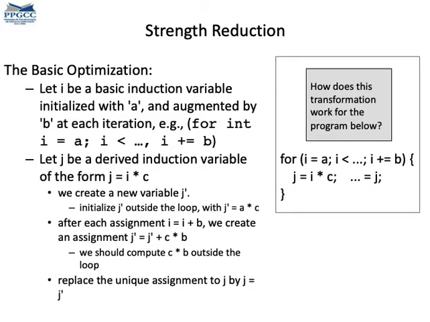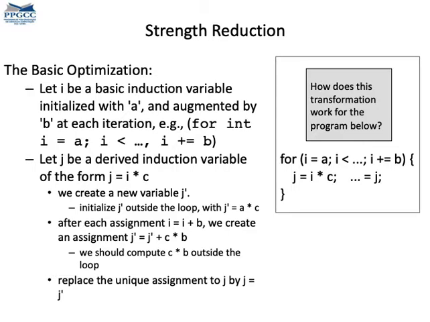We can perform the replacement in three steps down in the figure. These steps refer to the instruction j equals I times c, where I is an induction variable with step b. Basically, we move the invariant product a times c outside the loop. Let's call it j prime.